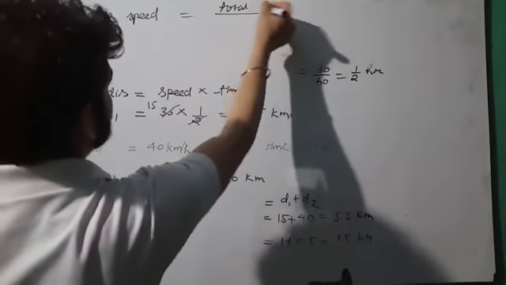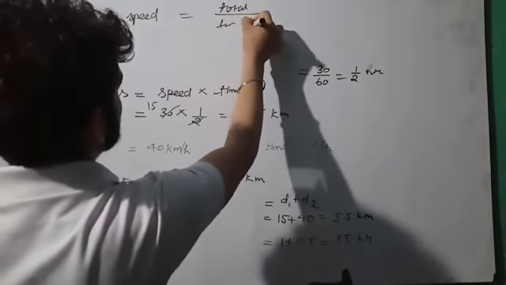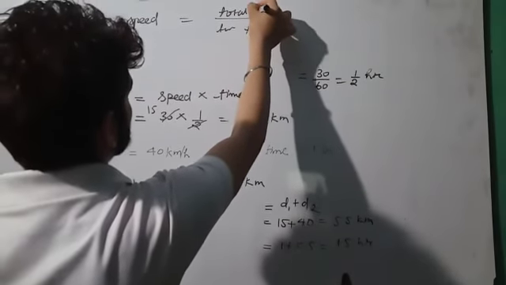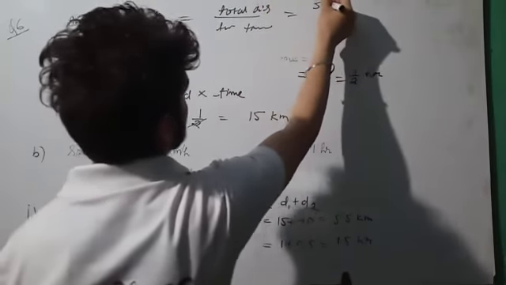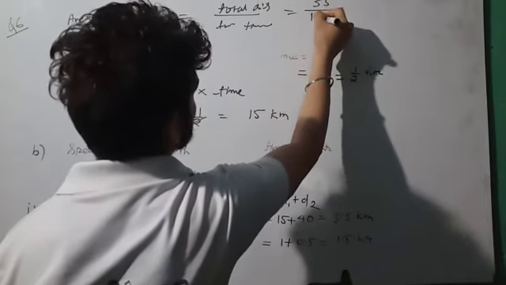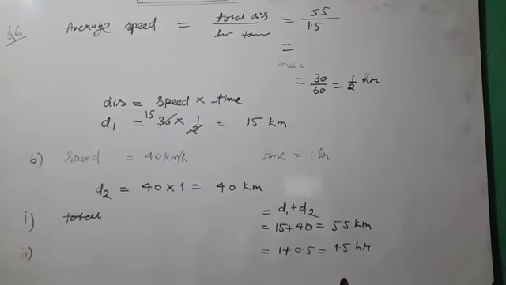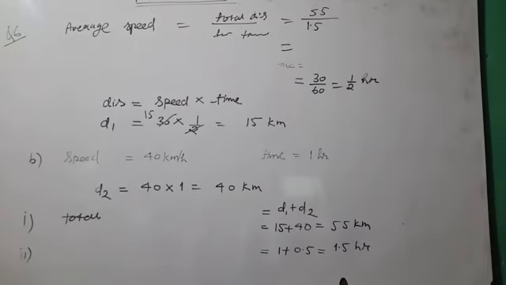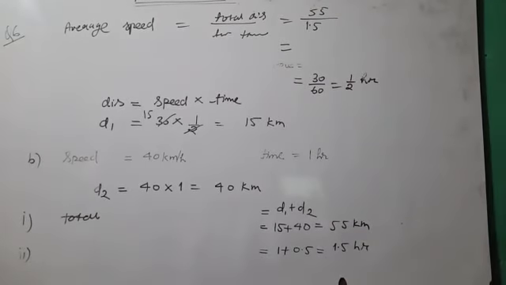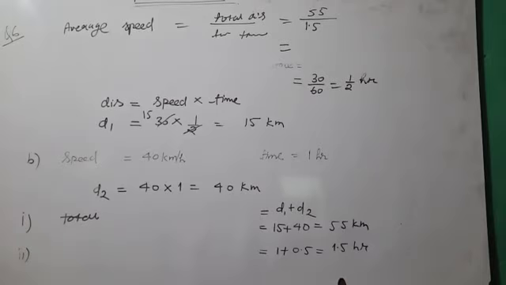Total distance is 55 km upon total time 1.5. Divide 55 by 1.5. The answer is 36.67 kilometer per hour. Okay, you have to write down the answer.